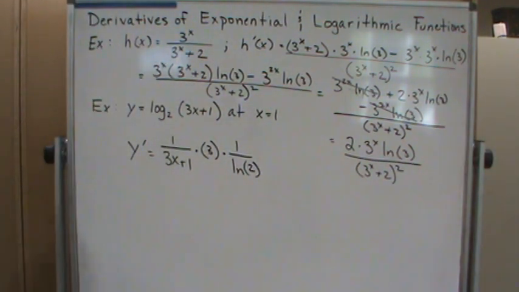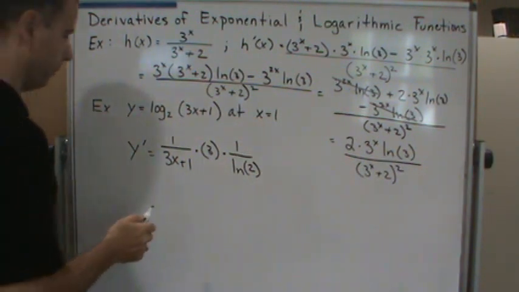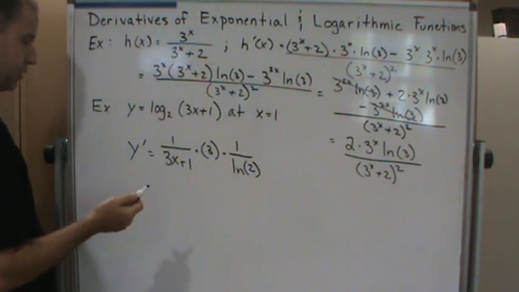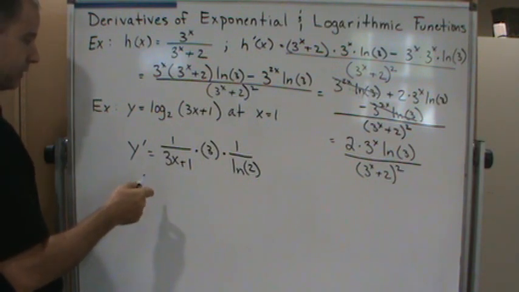Right? So I just did it separately, just using what I talked about with the theorem. So I just used the chain rule, and then added that piece for the 1 over the natural log of the base. Okay, so now at this point, I just have to evaluate it at 1.